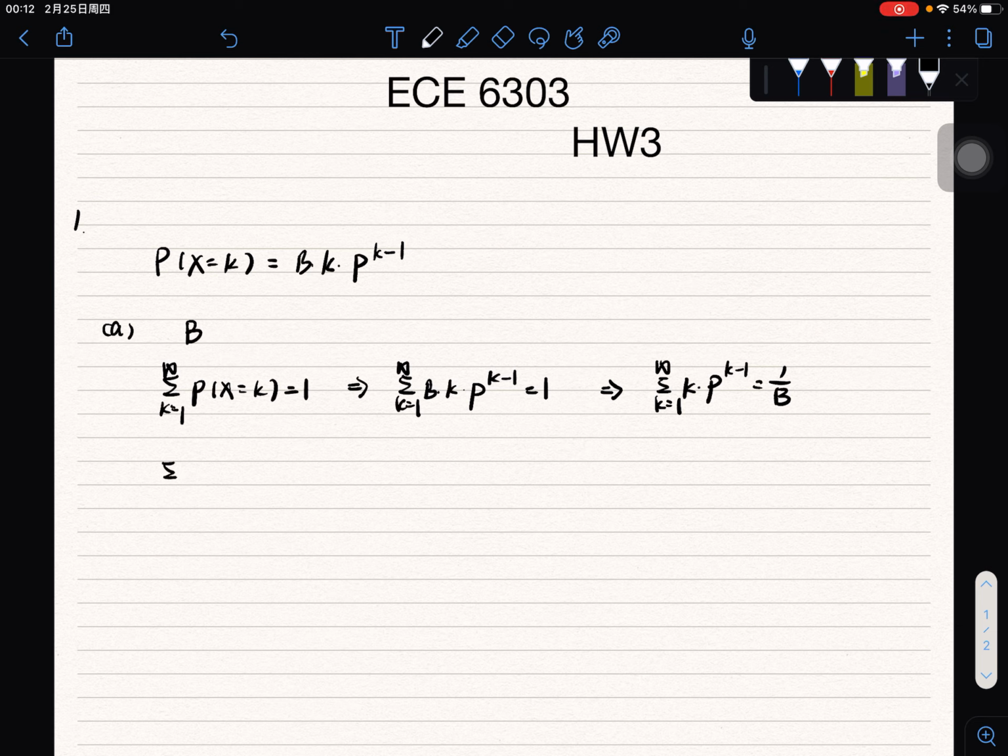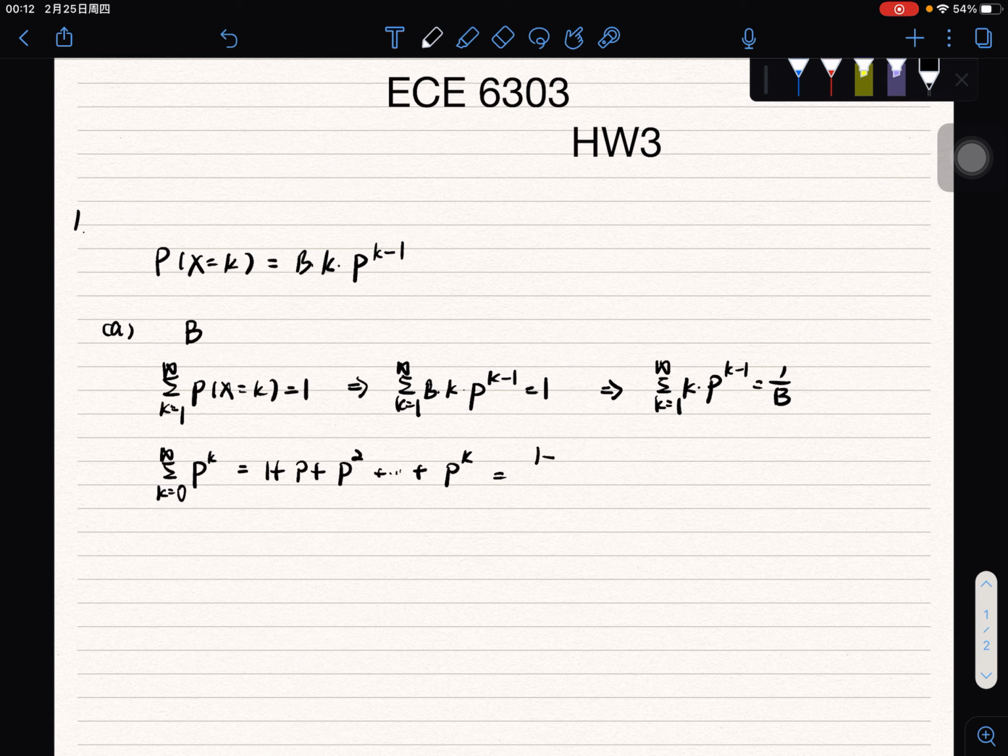As we all know, the summation k from 0 to infinity of p to the k equals 1 plus p plus p squared plus up to p to the k.